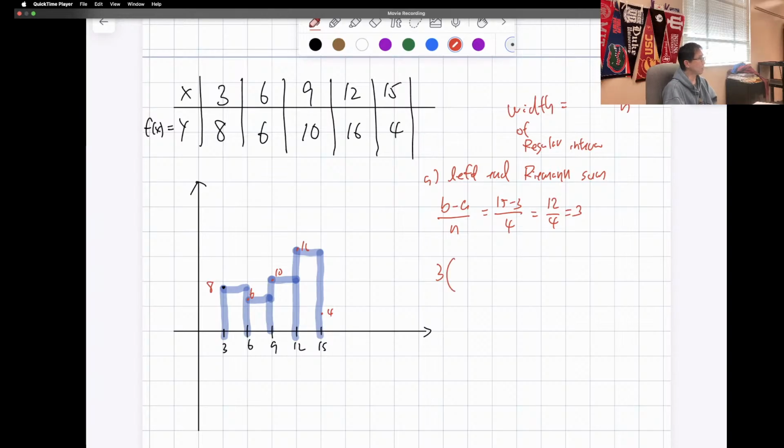And I can just multiply by the height of each rectangle. So it's going to be 3 times 8 plus 6 plus 10 plus 16. Do I need to add 4? No, you never have a height before. I don't, because I use the left hand approximation.